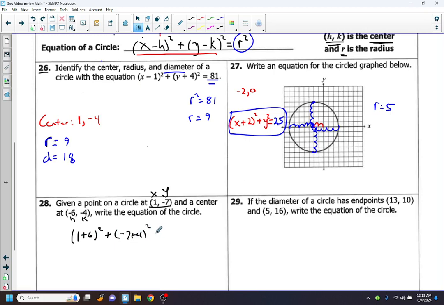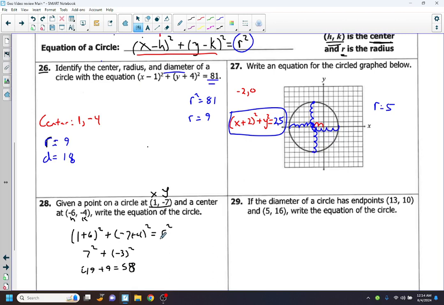If you notice, it kind of looks like the distance formula, equals r squared. So this is 7 squared plus -3 squared. This is 49 plus 9 is 58.